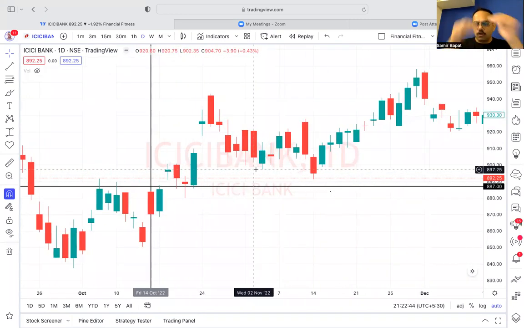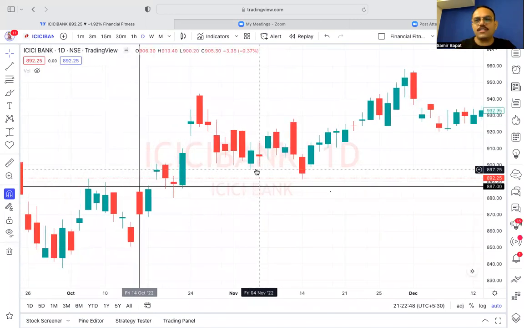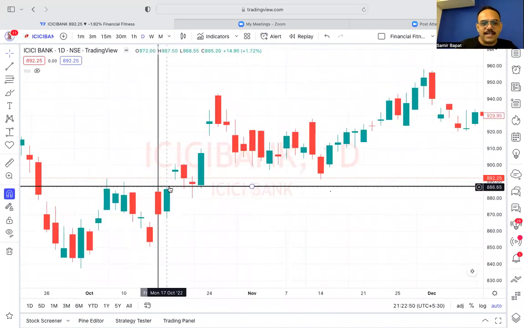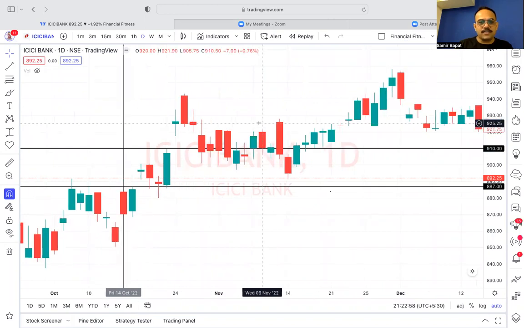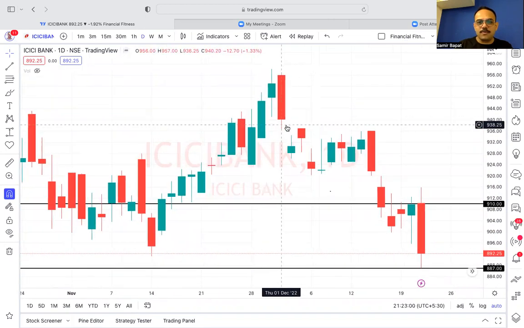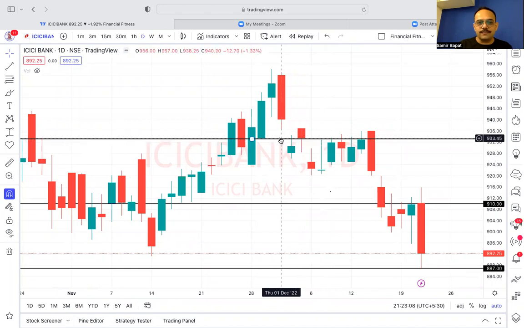So if you want to see how far it will go, then normally what the Japanese will do is they'll find the gaps and mark the lines here. This is the gap, so they'll mark the line here. Any other gap? They'll mark the line here.